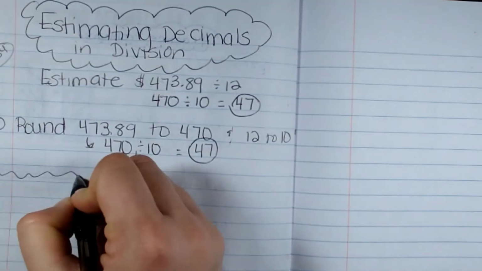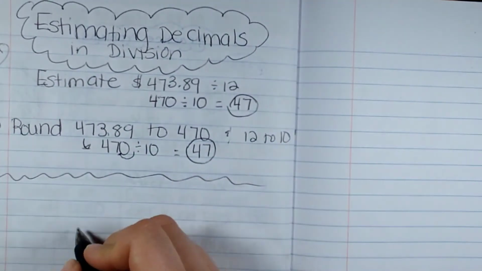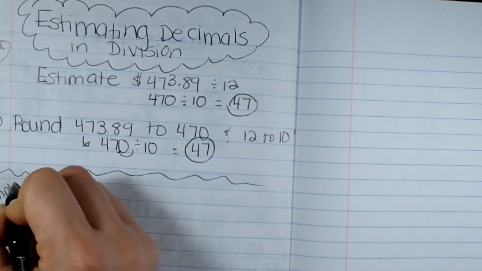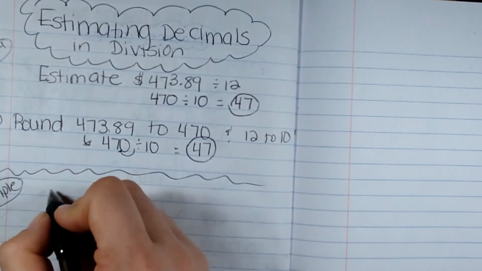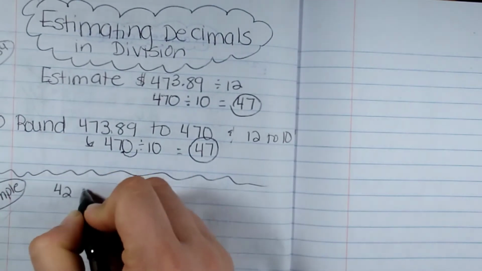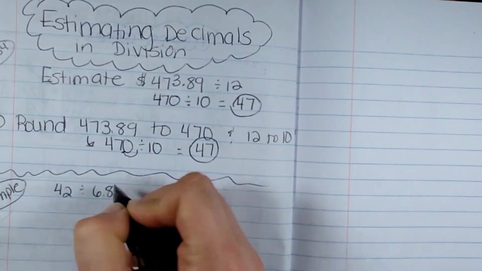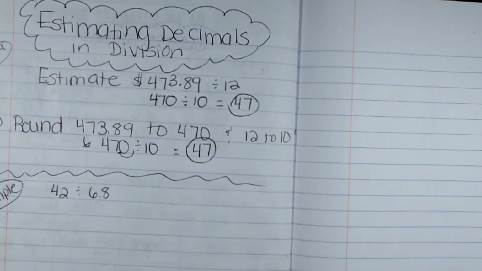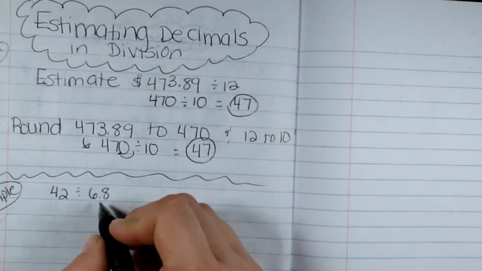So let's do some examples here. We're going to do 42 divided by 6.8. I'm going to look at rounding my decimal number first and see if that works out. If it does, then I don't have to change the other. If it doesn't, I'm going to estimate it.